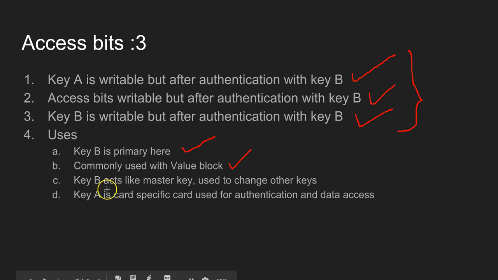Some of the uses are like key B acts as a master key which can be used to change the value of the key A, and key A behaves as a card key that you can authenticate with and use for data access operations like value block operations or read and write. This is a very common configuration where you can use one key as a master key and the other key, key A, as a card key, and we're going to see now how to work with this configuration.